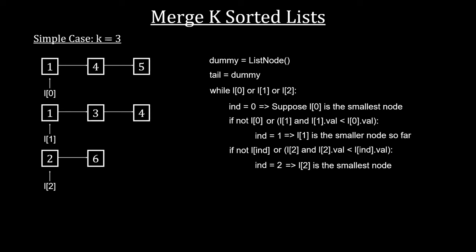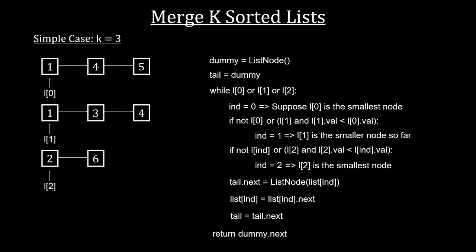This means that indeed L2 is the smallest node. And all we have to do next is create a new node of value list of index.val, link tail to it, then increment list of index and increment tail. After the while loop finishes execution, we have our answer list and its head is also dummy.next.